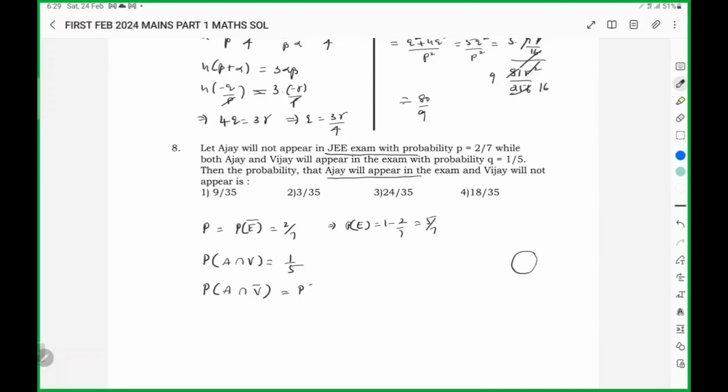So this is A. A intersection B complement will be only A, that is P of A minus this part.